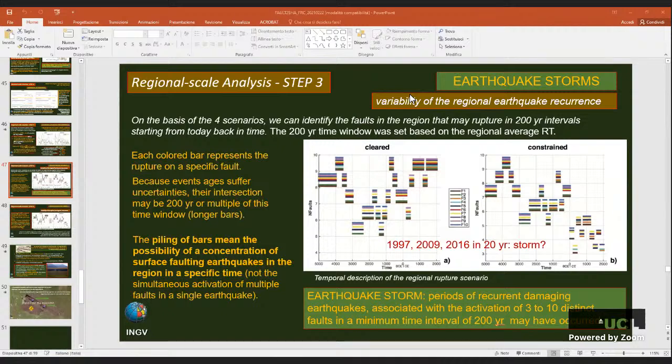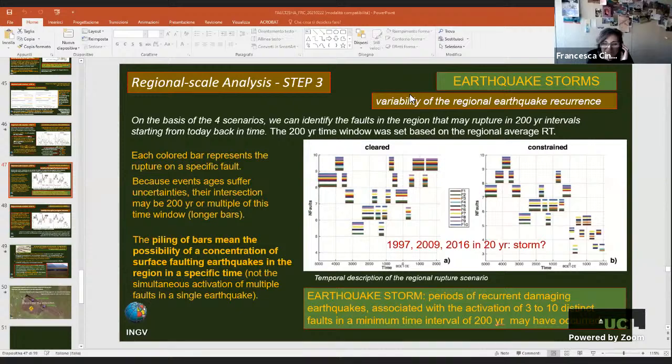That means, when you see a secondary rupture, can this small fault rupture together with different primary faults?